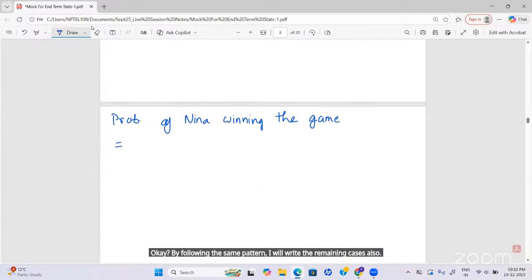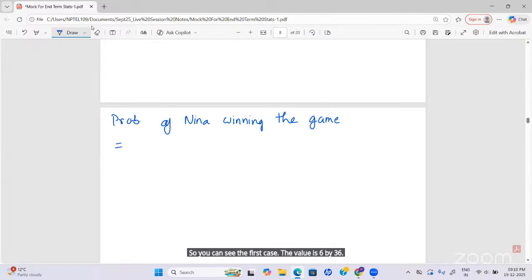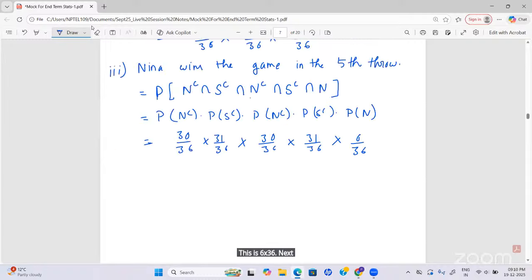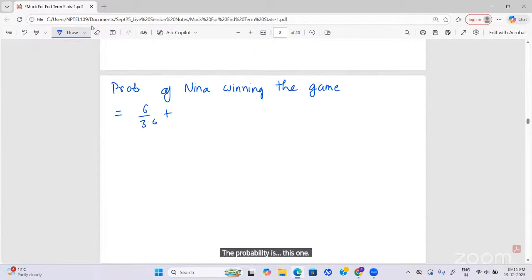The first case, the value is 6 by 36. Next, in the second case, if she is winning in the third throw, the probability is 30 by 36, 31 by 36 into 6 by 36.